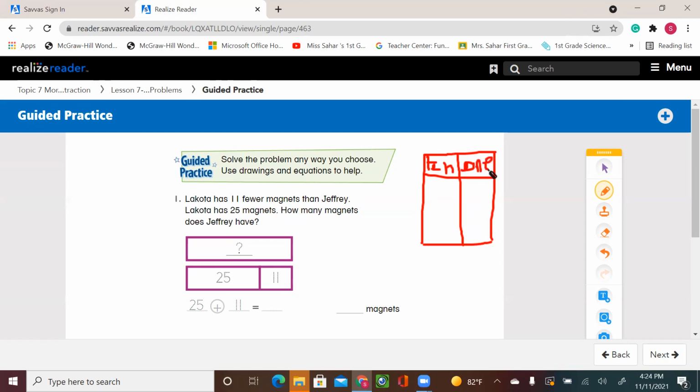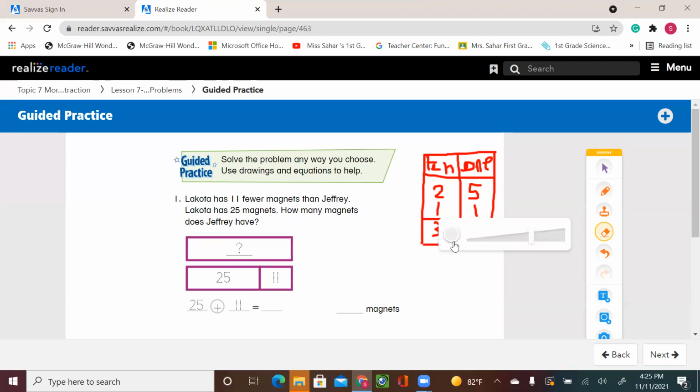All right. Okay, so what do we have? 25. So that means 2 tens and 5 ones. And then my second addend, 11. So 1 ten and 1 one. Now 2 tens plus 1 ten, that's 20 plus 10 equals 30. So I'm going to put 3, and then I put here 0.